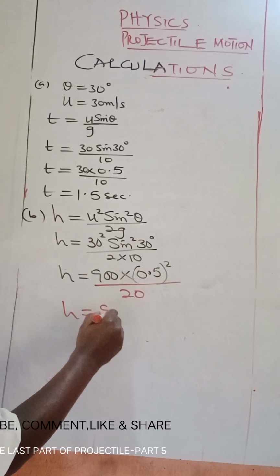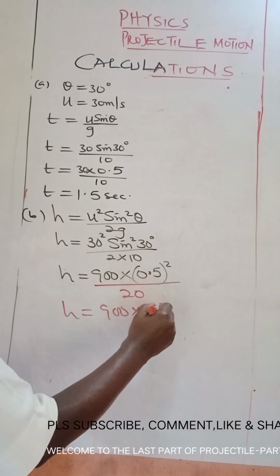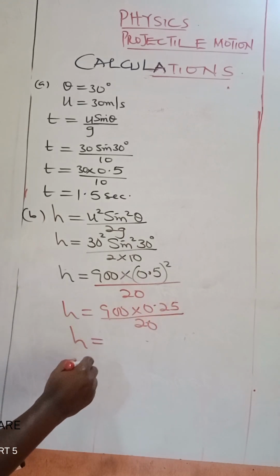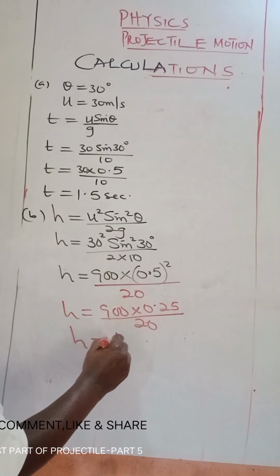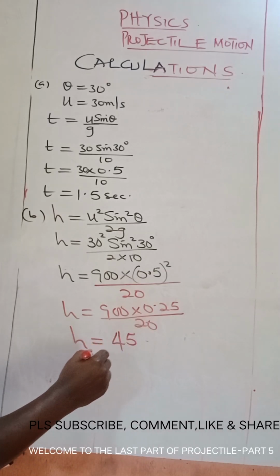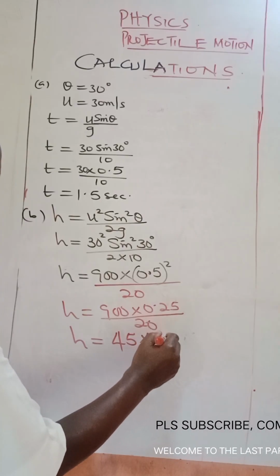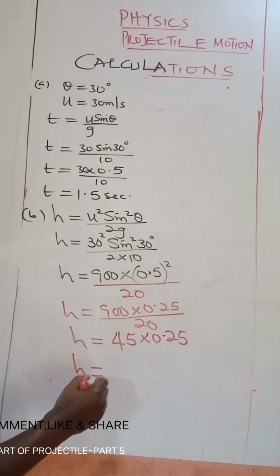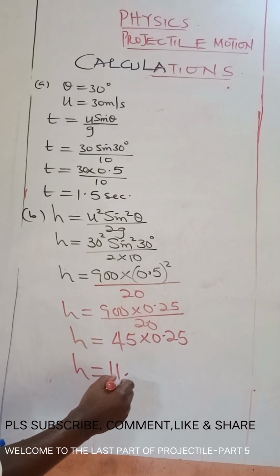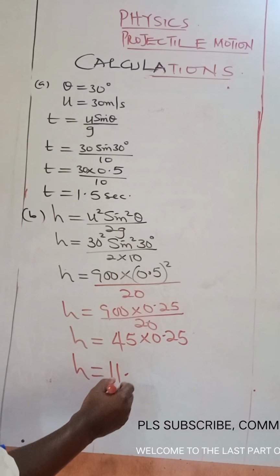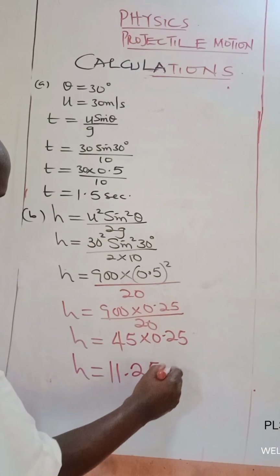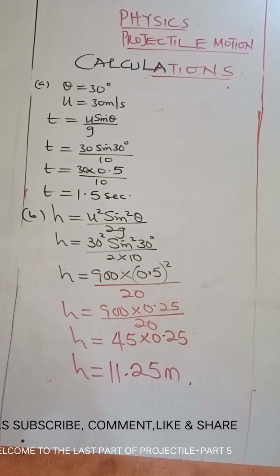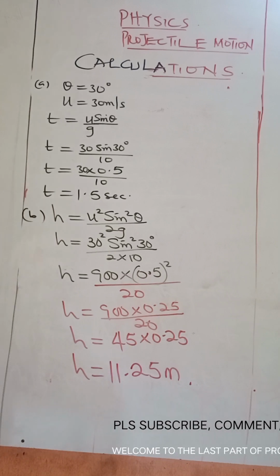So H is equal to 900 times 0.25 all over 20. H now is equal to 45 times 0.25, which gives us 11.25 meters. That's the maximum height attained.